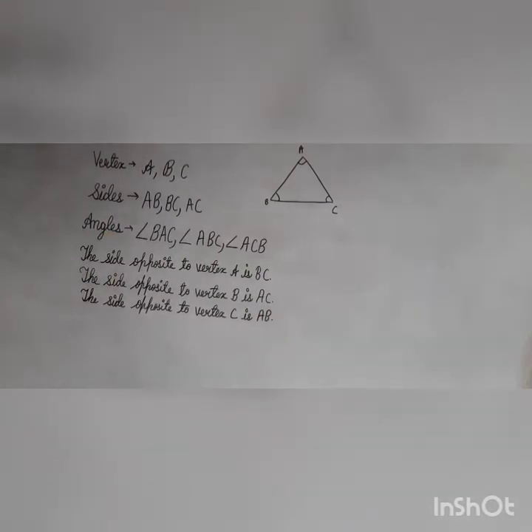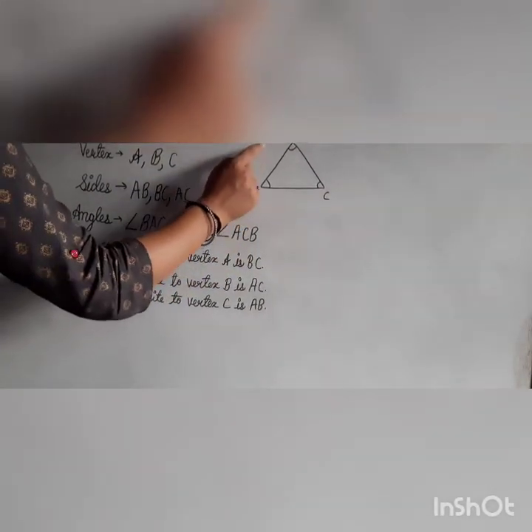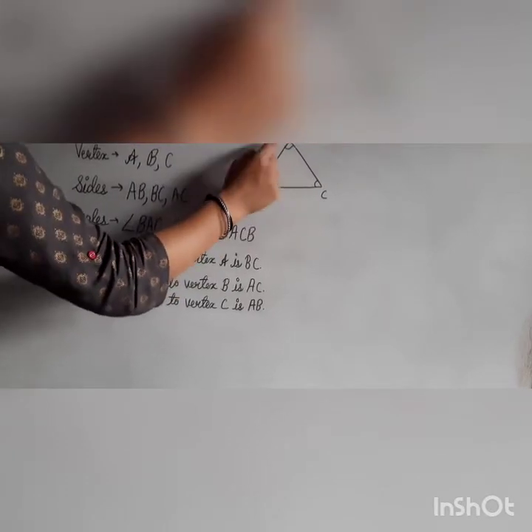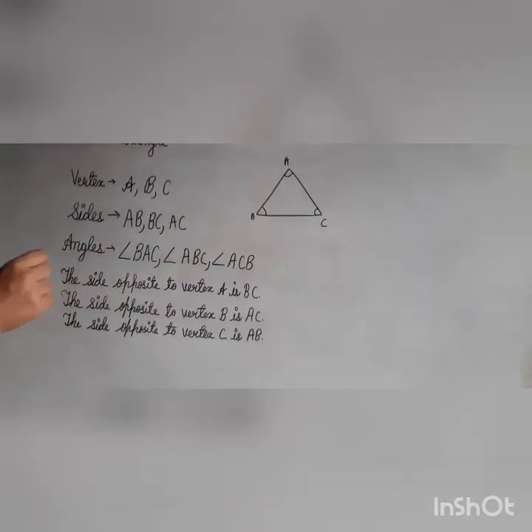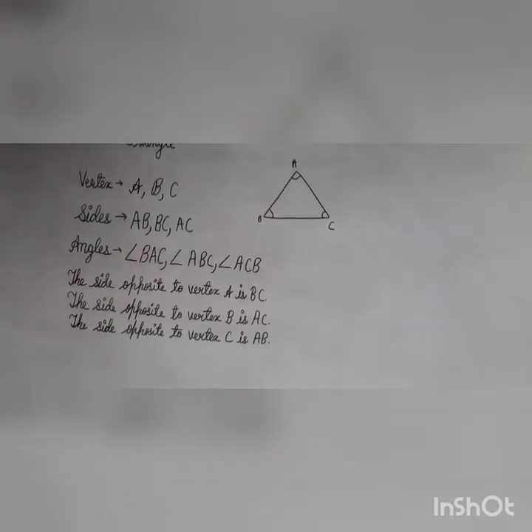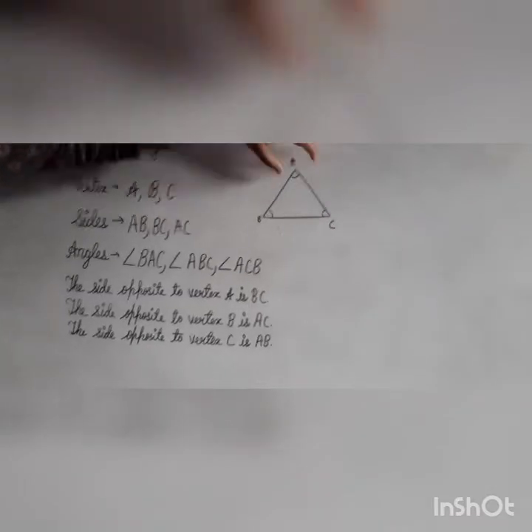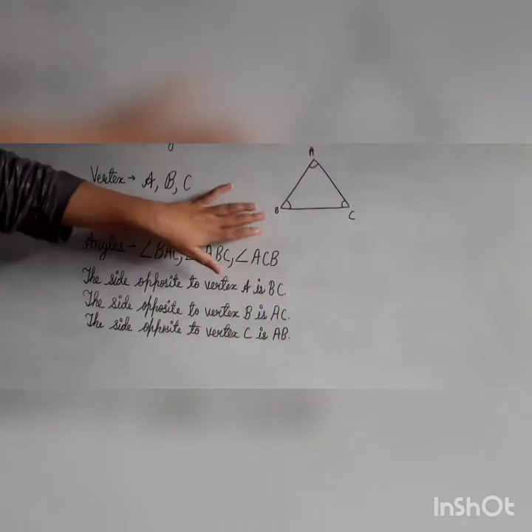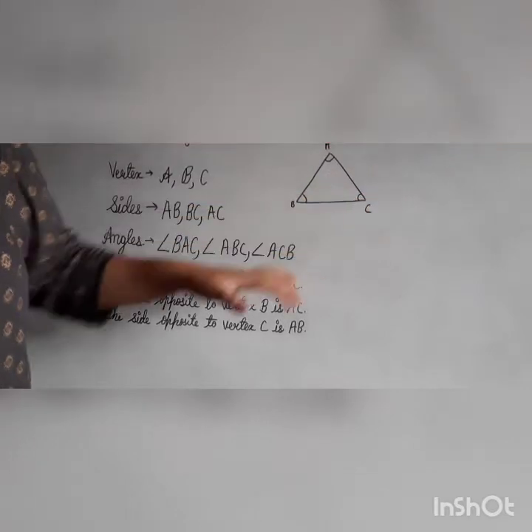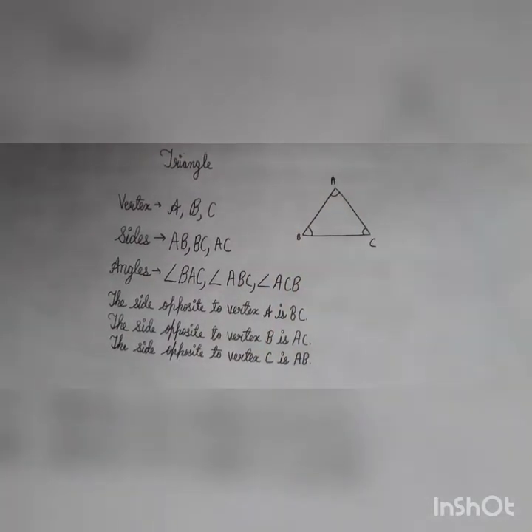And angles are angle BAC, angle ABC and angle ACB. Now you can see that the opposite side of vertex A is BC and the opposite side of vertex B is AC and the opposite side of vertex C is AB. Okay, this is a triangle.